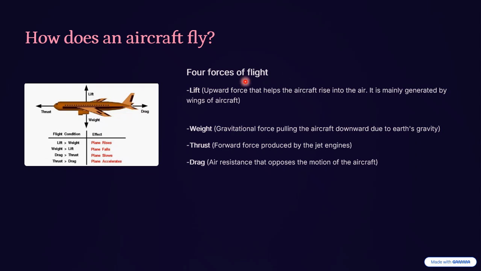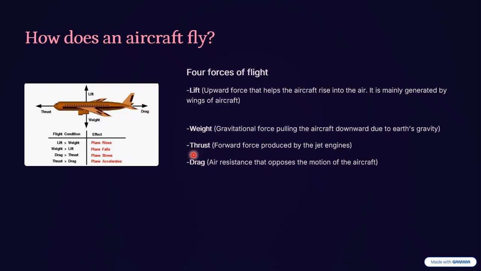Before understanding the role of Bernoulli's principle in aircraft wings, we first need to understand how an aircraft actually remains in flight. That is more important. The four forces acting on the aircraft are: first, the lift. It is the force which acts upwards and helps the aircraft rise into the air. The second force is weight, which acts downwards due to the Earth's gravity.